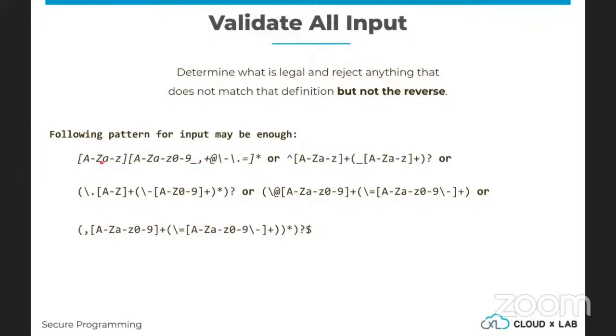For those who are new, here is a brief. It says alphabets, capital A to Z or small a to z, followed by @. So any valid characters, 0 to 9, alphabets, underscore, dash, plus, followed by the domain name, and that's about it.